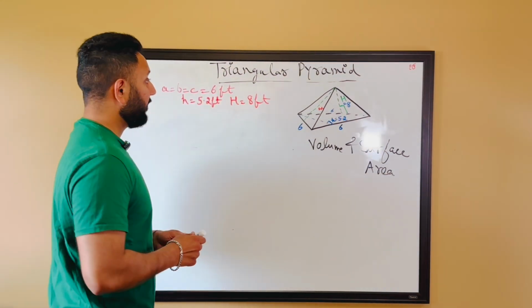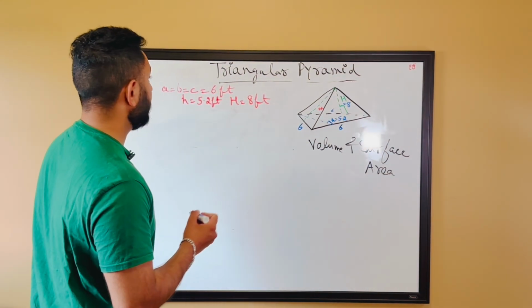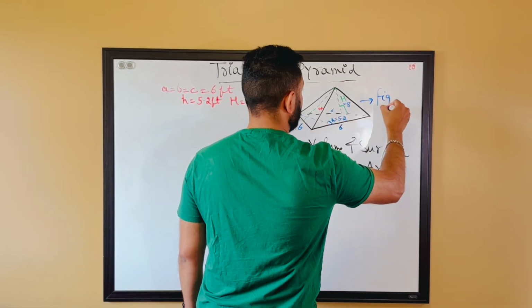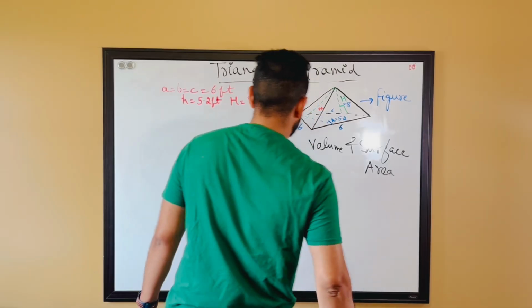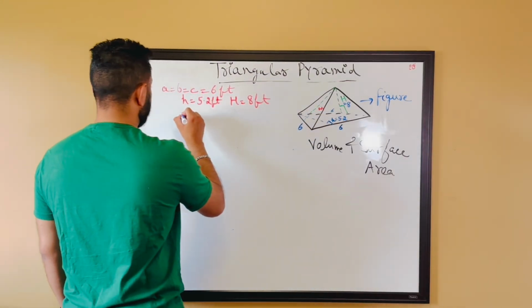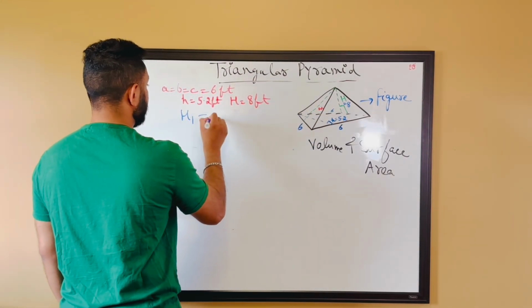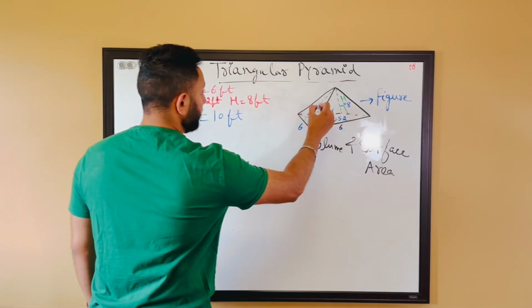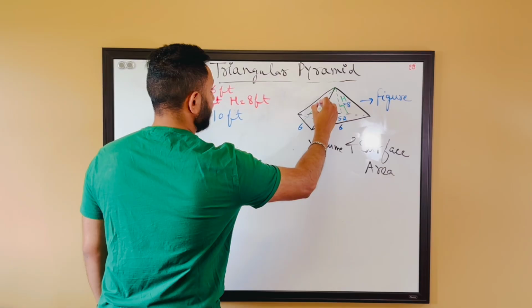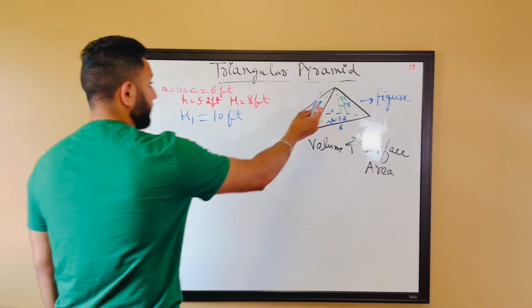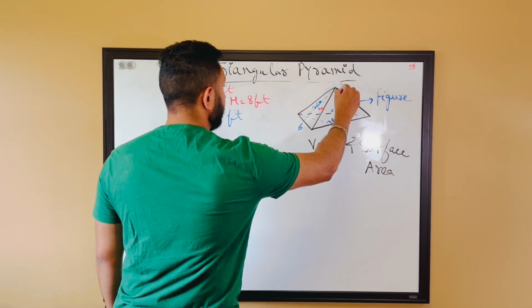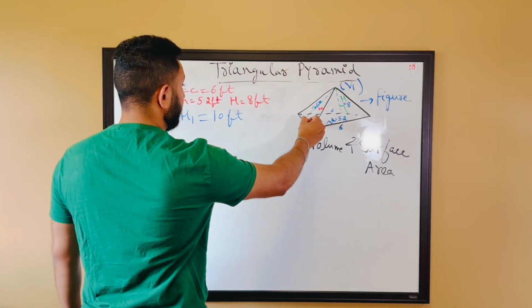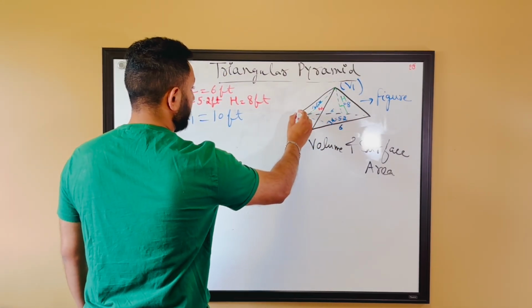Now we're gonna find out the surface area of this figure. And also we are given the slant height, which is h1, that is 10 feet, which is the distance from this apex, which is the highest point, vertex 1, to the midpoint of the edge.